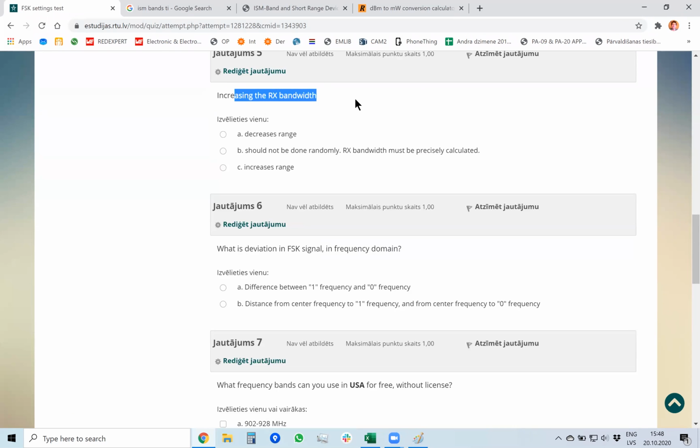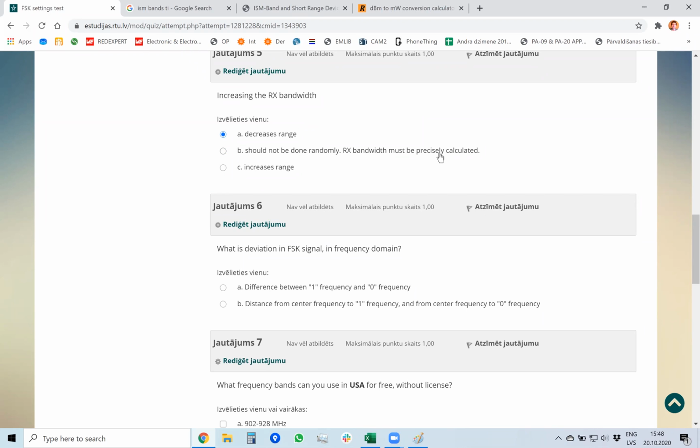Increasing the RX bandwidth. So bandwidth, you make it wider, so more noise goes in. So more noise means that you have less range. And by the way, the second answer should not be done randomly.